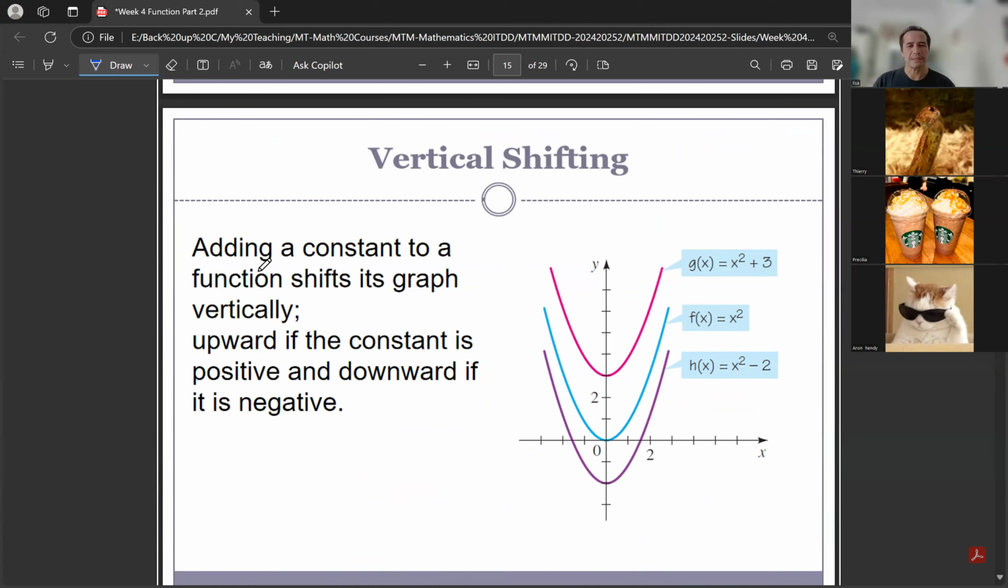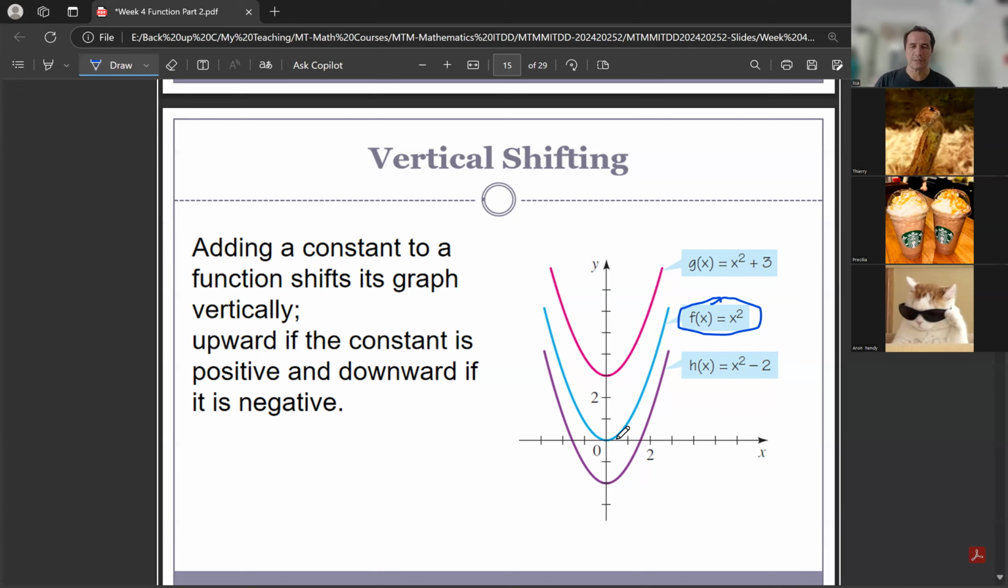Shift the graph vertically. This is the original function, the blue curve, and this is the vertical shifting.